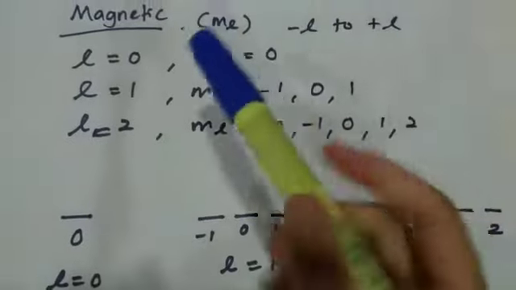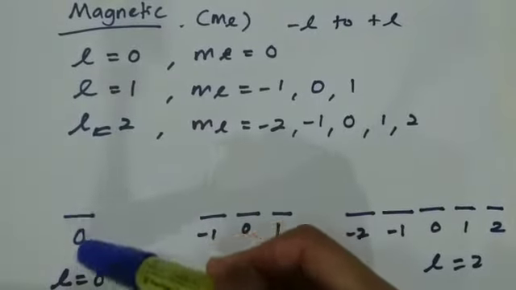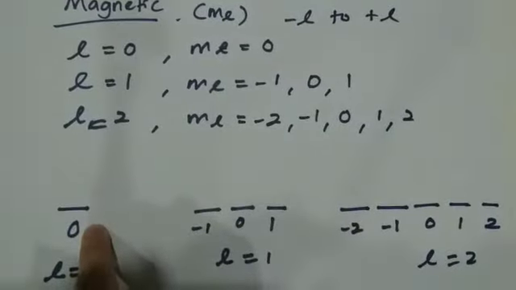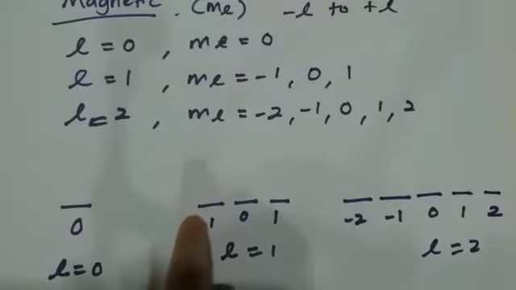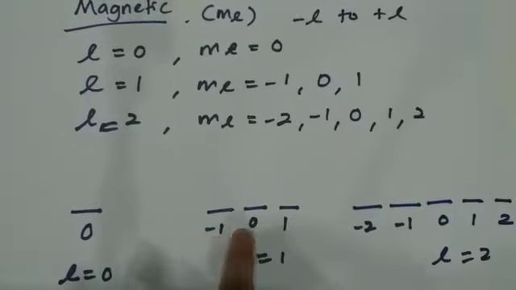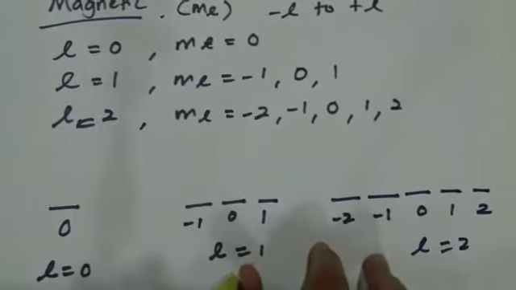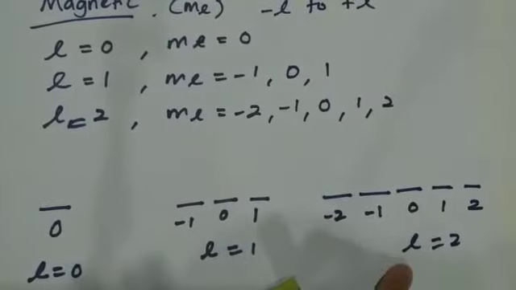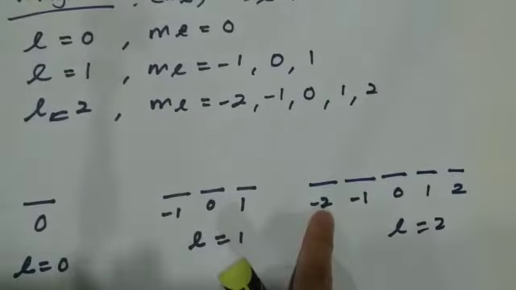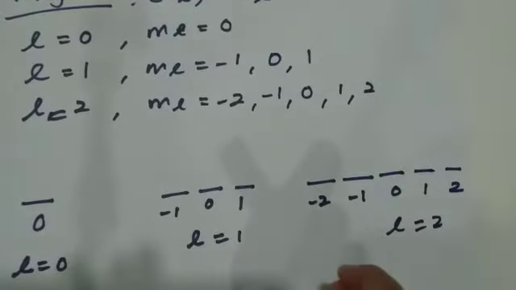When l is 0, ml is 0, so there is only one orbital. When l is 1, we have negative 1, 0, 1, which show the different orientations, so there are 3 orbitals. When l is 2, we have negative 2, negative 1, 0, 1 and 2 for each of the orbitals, so we have 5 orbitals for l equal to 2.